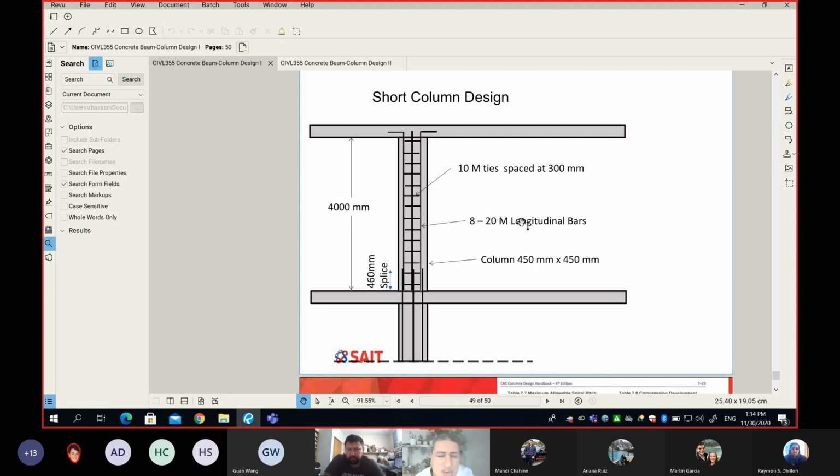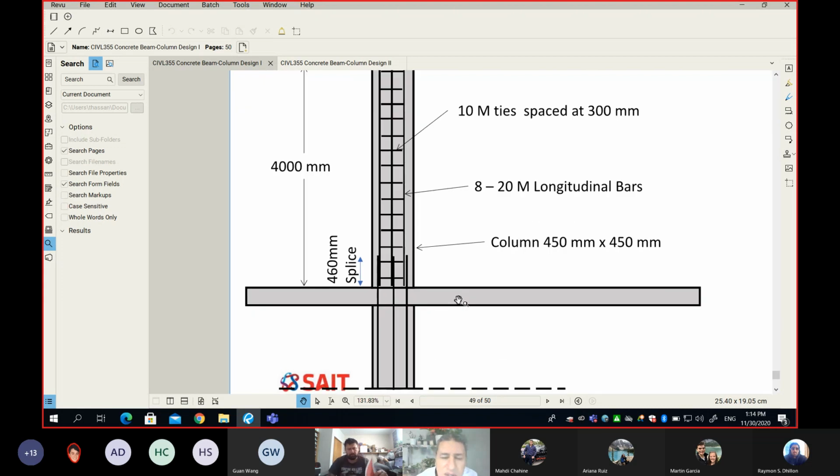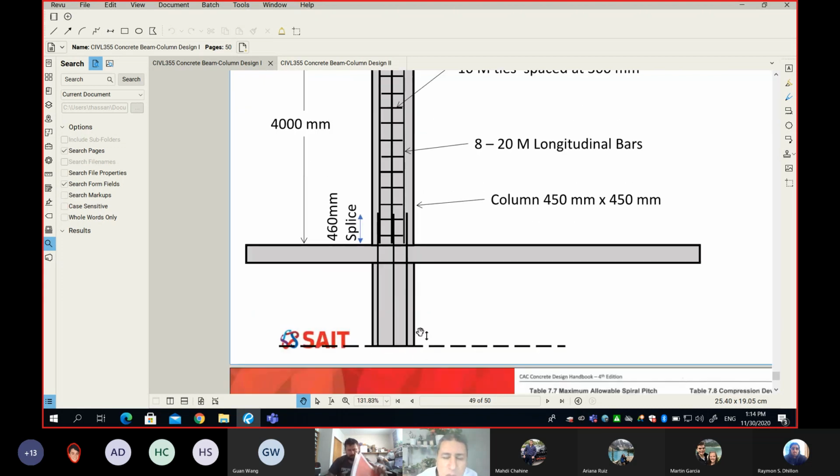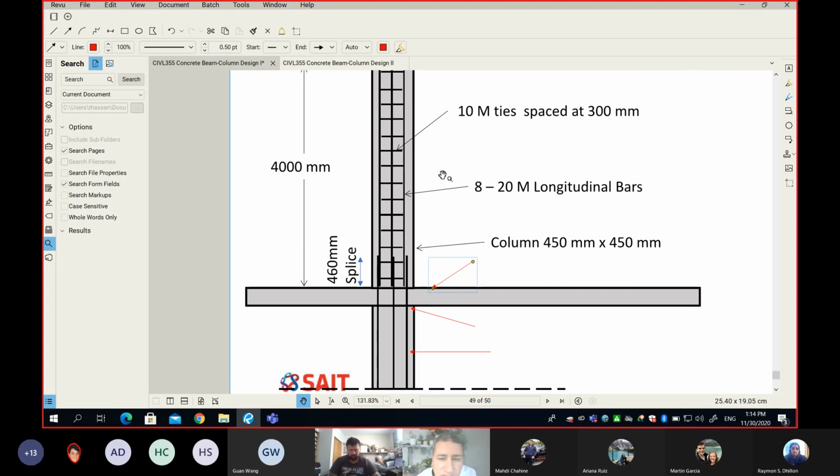So on the screen here, when we build the column, I'm referring to this column here, the rebar or the vertical bars doesn't just stop here. It has to keep going and project above the top of the slab by a certain amount where it overlaps with the next cage or lift.